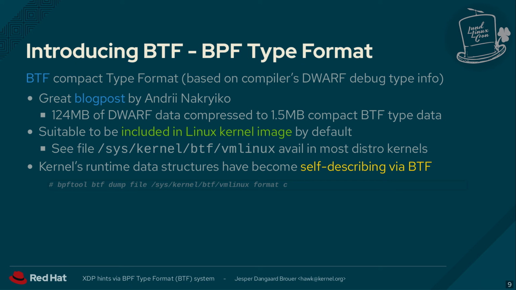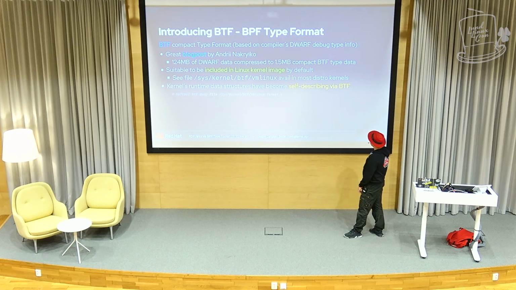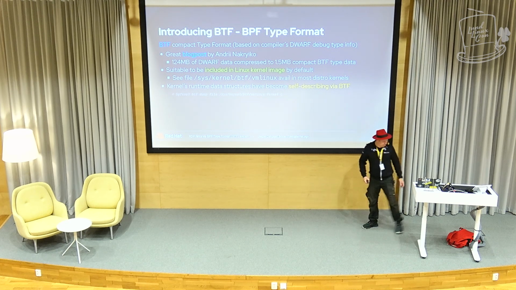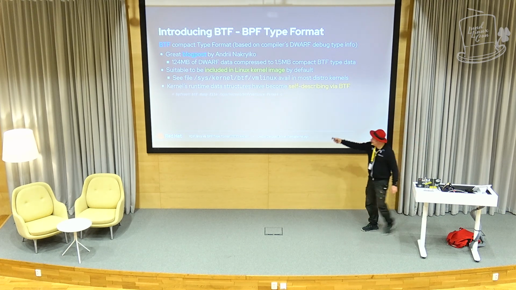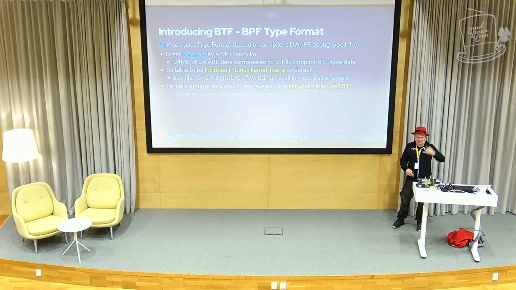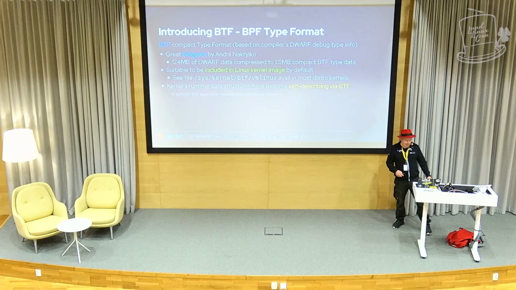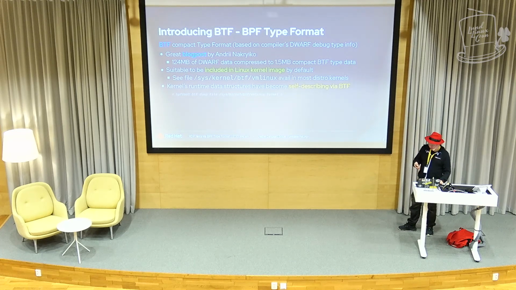That means we can actually include that in the kernel image, and that's what we are doing today. It is exported as a file you can access. I put a command line here that you can run today to automatically generate a header include file that describes all the types on the running kernel you're on. It's a pretty cool feature that the kernel has become self-describing.